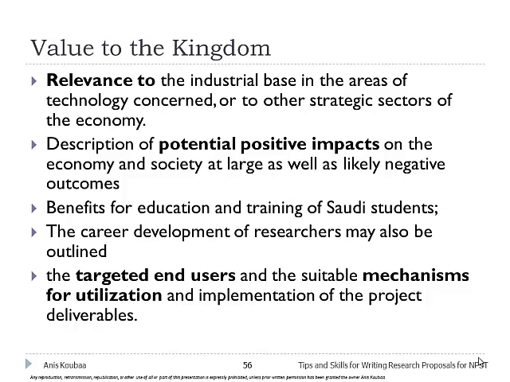But one of the values to the kingdom that we enumerated in the proposal was to find a solution for pilgrim tracking. Our solution was based on this idea first, and we made a prototype, but we were not able to make it effective there because of constraints that are beyond the project and beyond our capabilities. But this is the kind of value that one research project may bring to society.